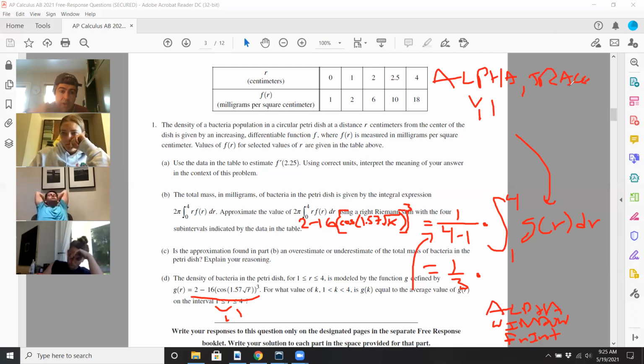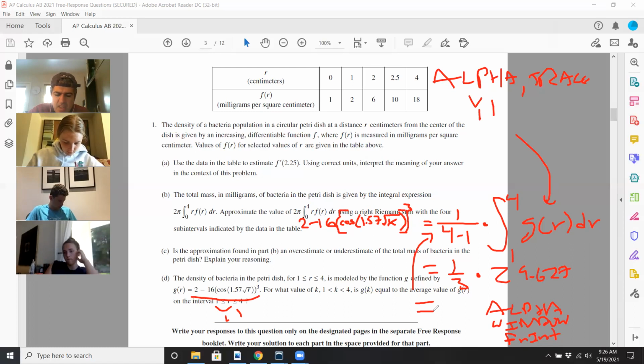So after I hit alpha window, I call up the integral. I go 1 to 4 for my lower and upper limits. Then I have to do alpha trace y1, and then dx. And of course, I have to divide by 3, right? Because multiply by 1/3. The integral itself was 29.627, and divide by 3, 9.876. Okay, so that's your average value.